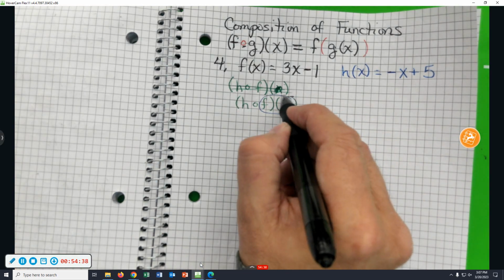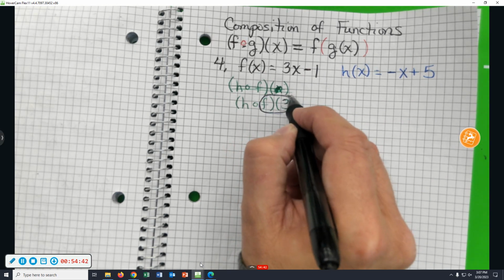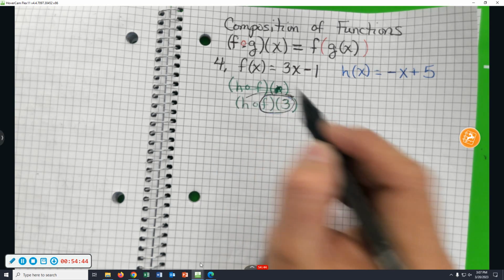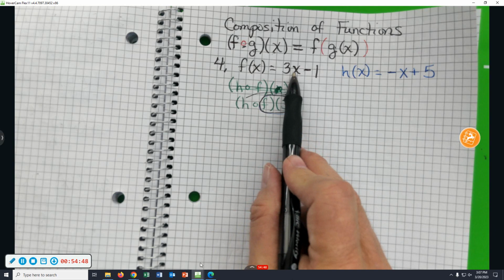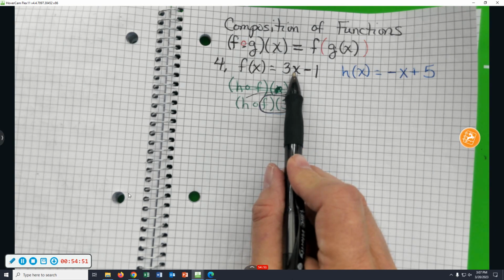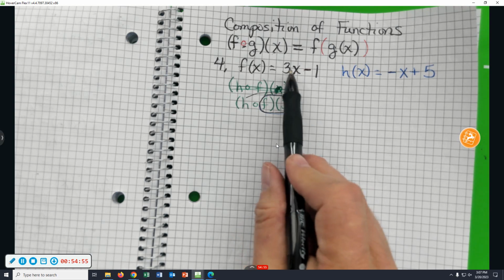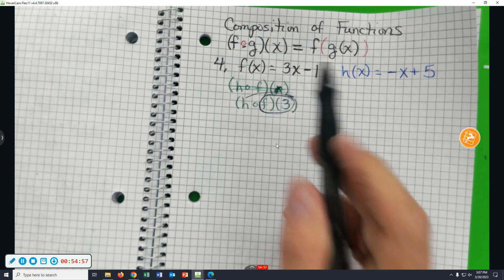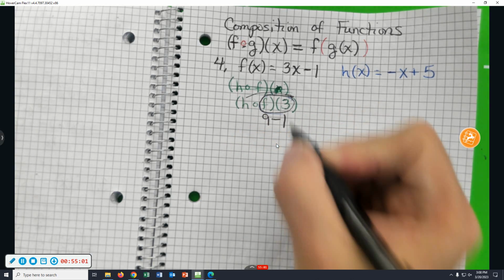Take the 3, plug it into f. Take that answer, plug it into h. Well, let's do the f of 3 first. Come up here and in place of the x, I'll put a 3. So we have 3 times 3, which would be 9, minus 1.